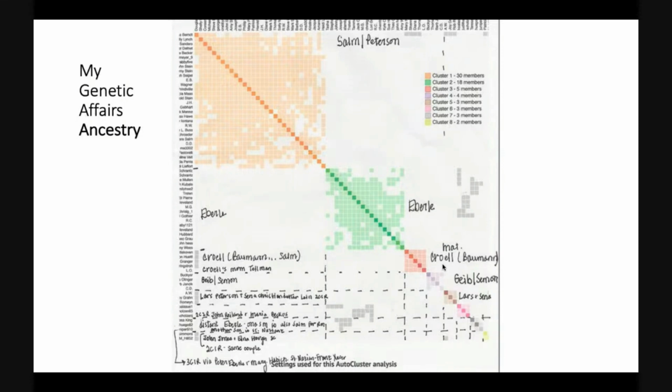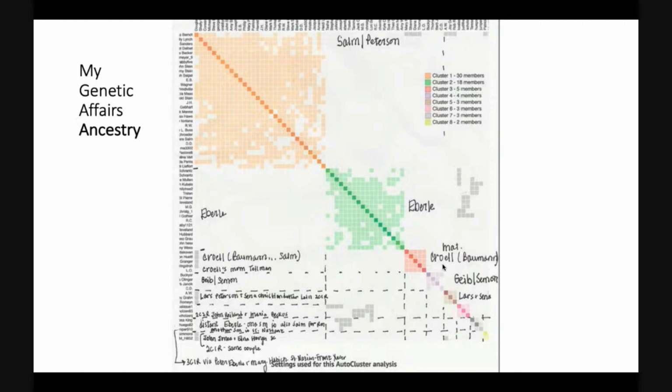So for example, here we have this orange cluster, which is the largest. And I know some of those people within that cluster. And I know that they are on my mom's side of the family, which is the label I put on the Psalm Peterson label, which is her father and her mother's surnames.